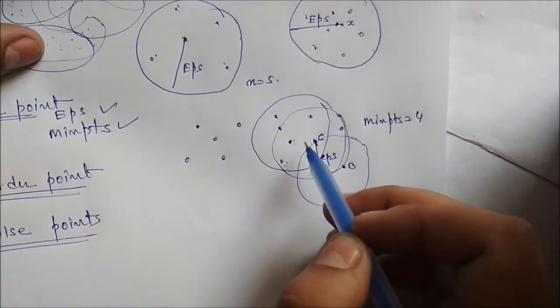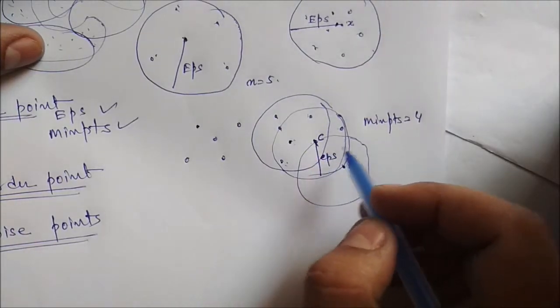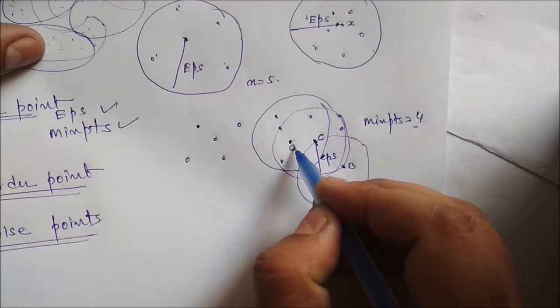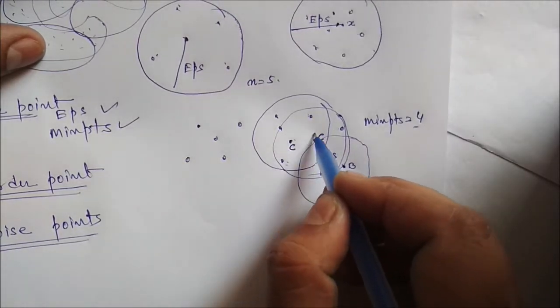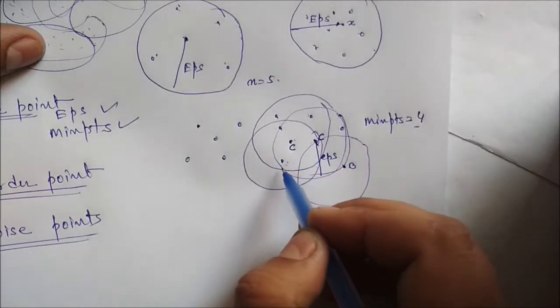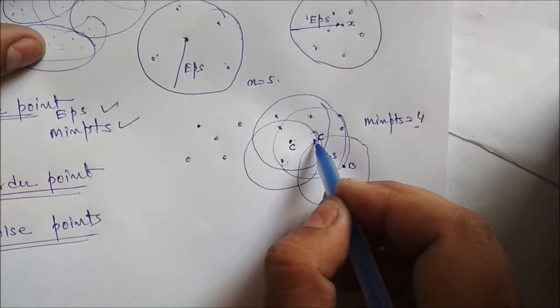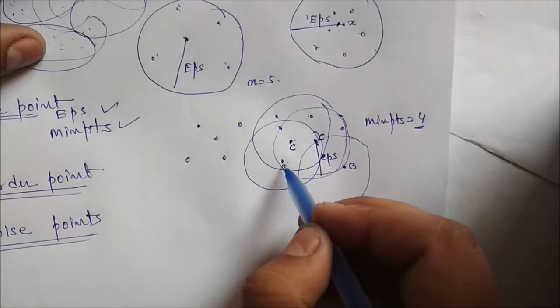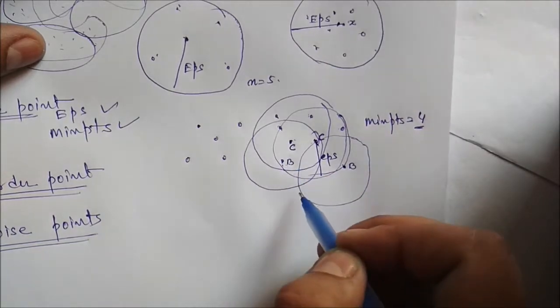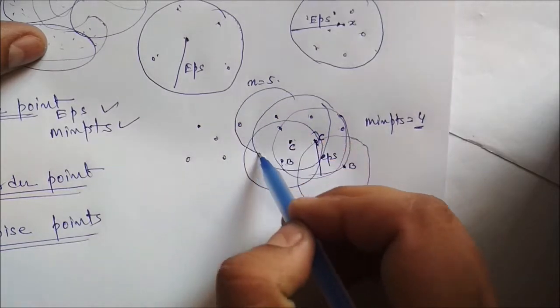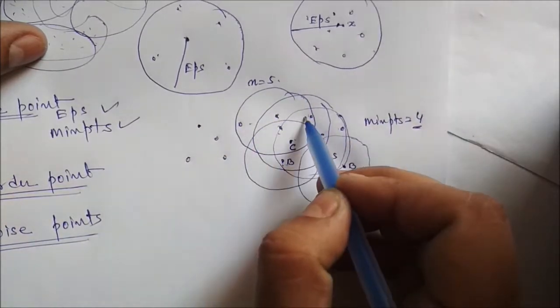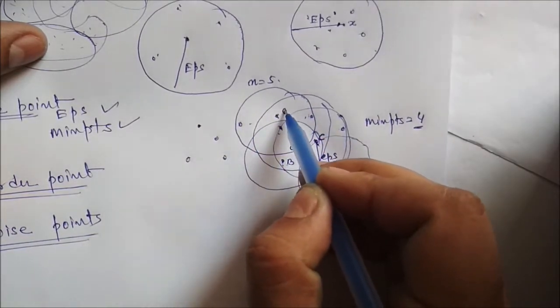The total number is more than 4, so it is also a core point. Now for this particular point we draw a circle. 1, 2, 3, 4. It is not more than 4, but it is in a core point's neighborhood, so we can say it is a border point. For this particular point, we draw a circle. 1, 2, 3, 4, 5. So it is also a core point.